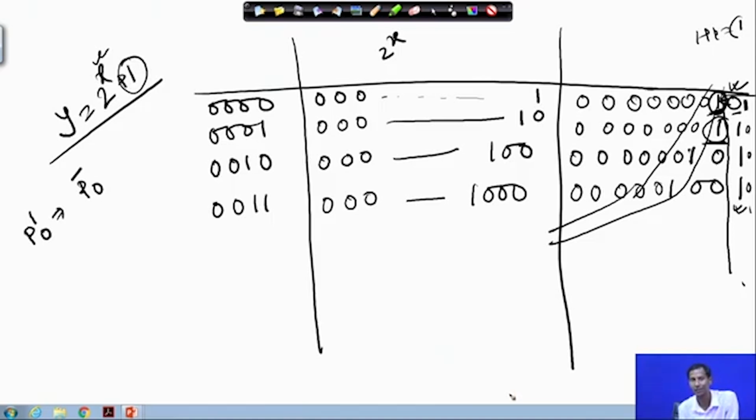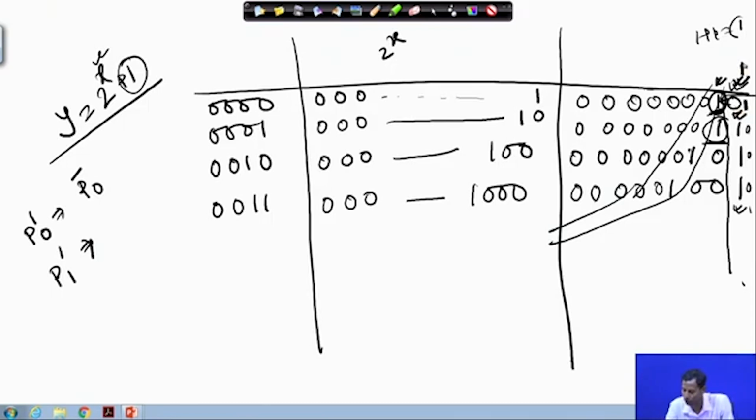So, now what will the P1 bar be? P1 bar is basically dependent on the corresponding P1 and P0 values.